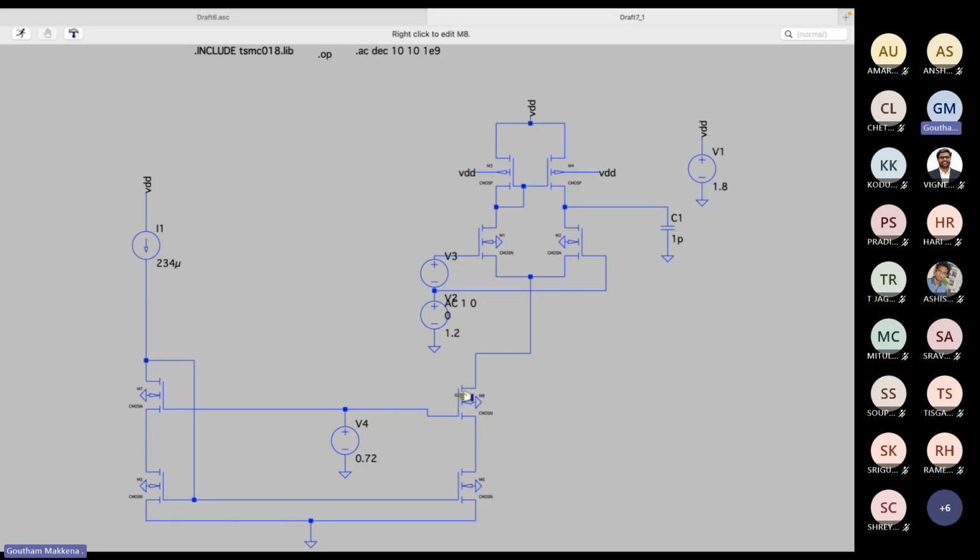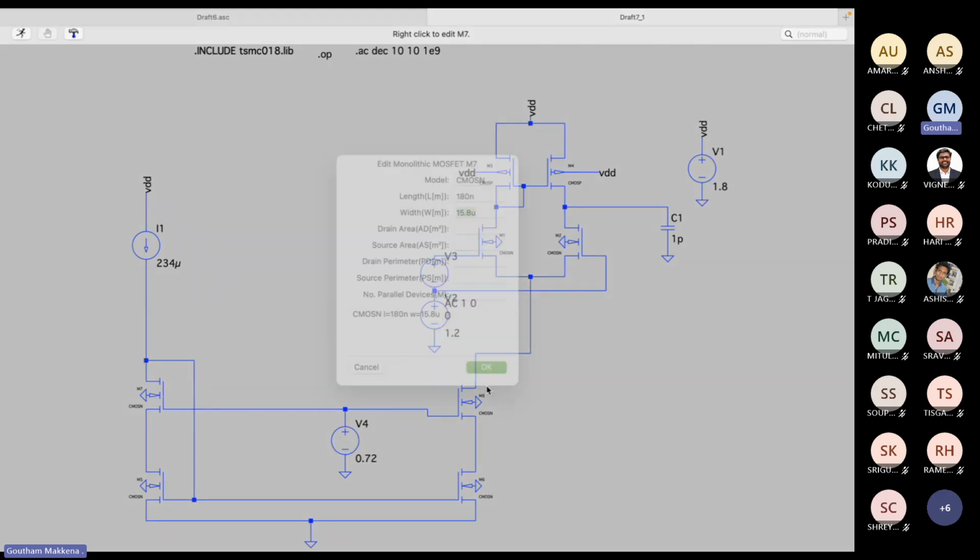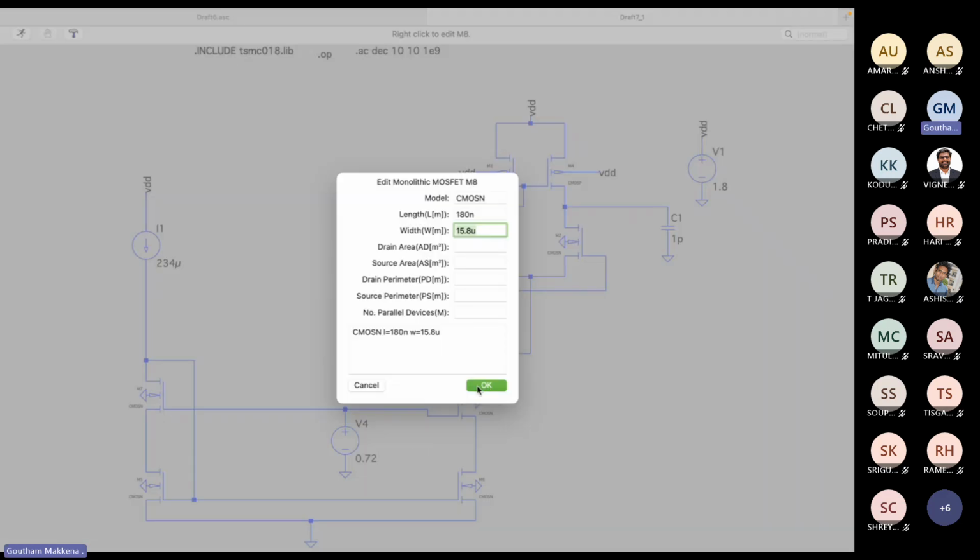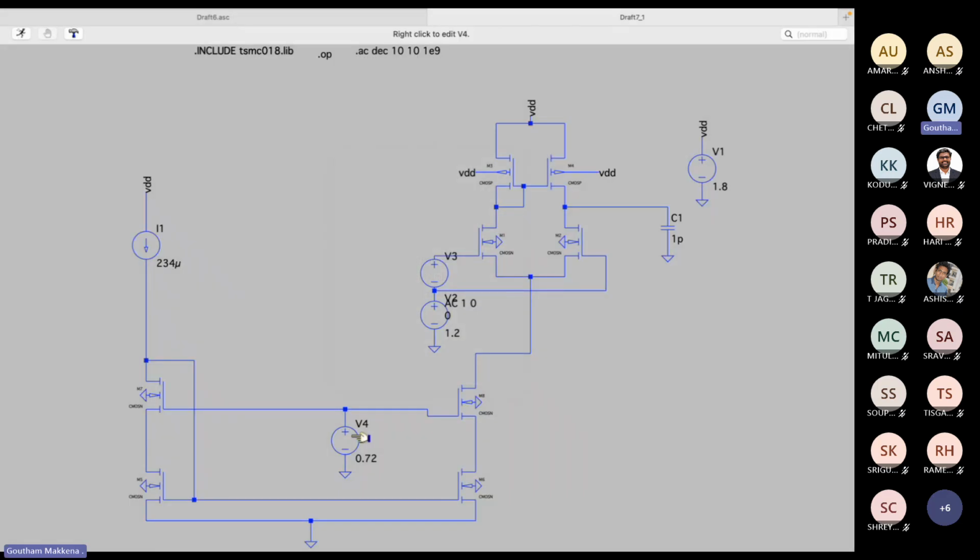So 1 overdrive is 100 milli, 2 overdrives is 200 milli, plus VTH is around 500. I added some body effect, so I took 0.72 over here. Is the sizing clear? 15.8 here, 0.72 here.